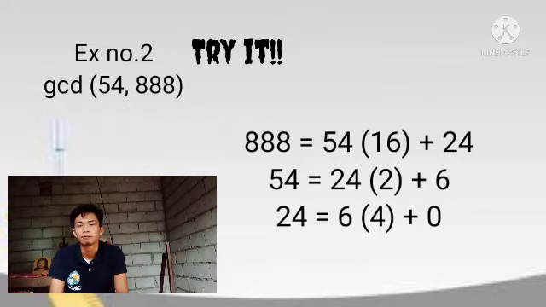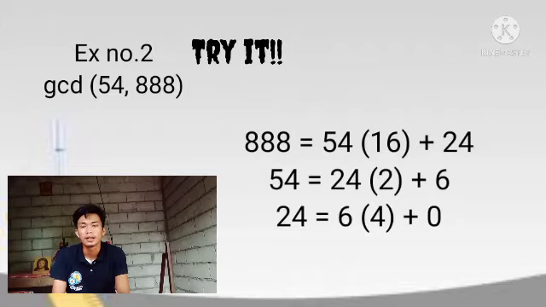Bring down 8. 34 will become 348. 348 divided by 54 is equal to 6. 6 times 54 is equal to 324. Now, 348 minus 324 is equal to 24.